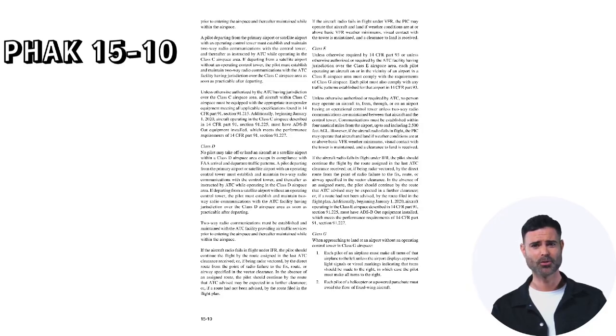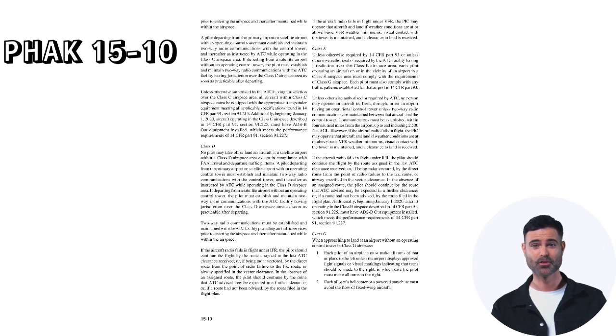Unless otherwise authorized or required by ATC, no person may operate an aircraft to, from, through, or on an airport having an operational control tower unless two-way radio communications are maintained between that aircraft and the control tower.